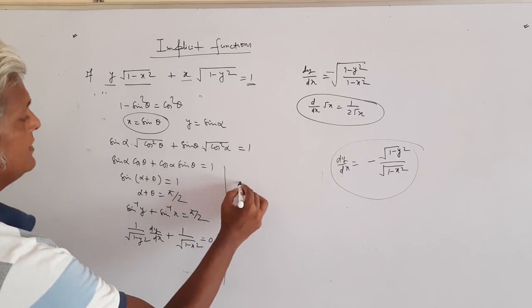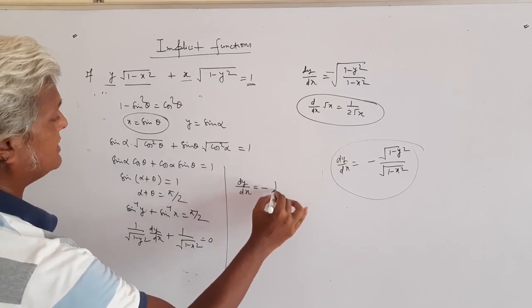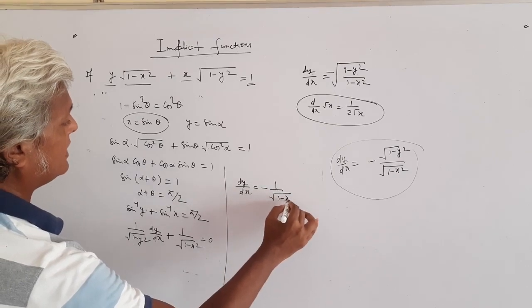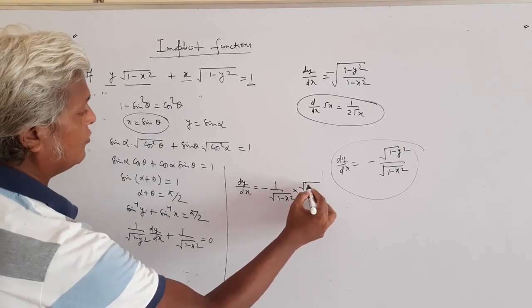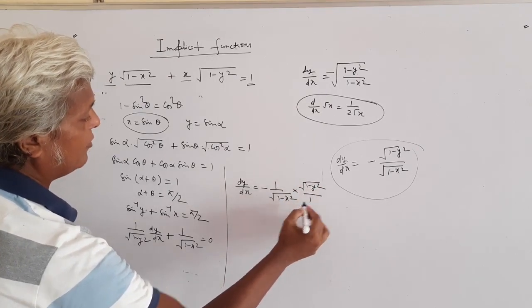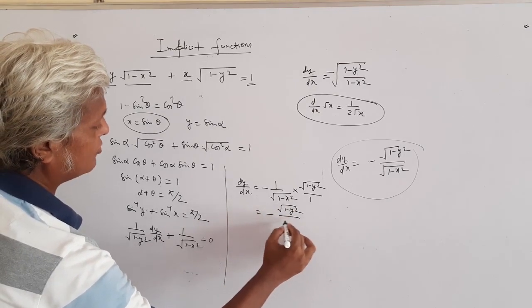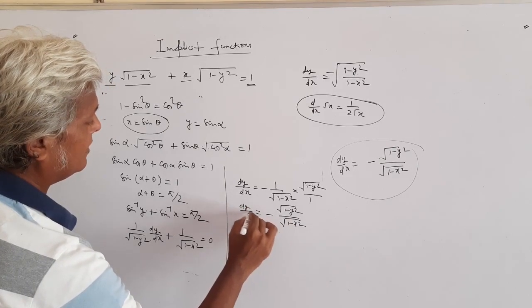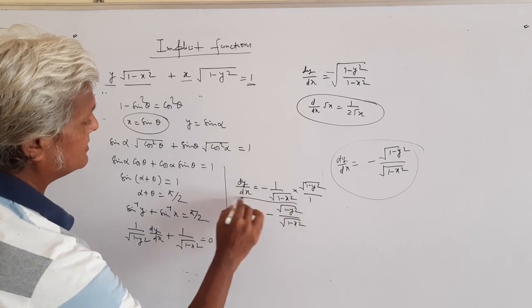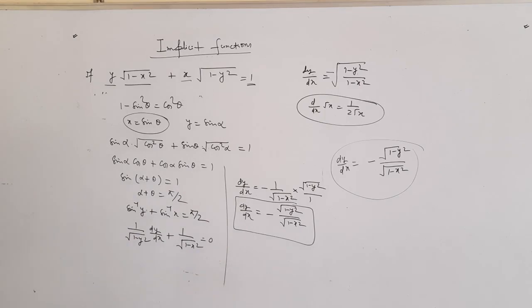So dy by dx equals minus under root 1 minus y square upon under root 1 minus x square. So this is the answer.